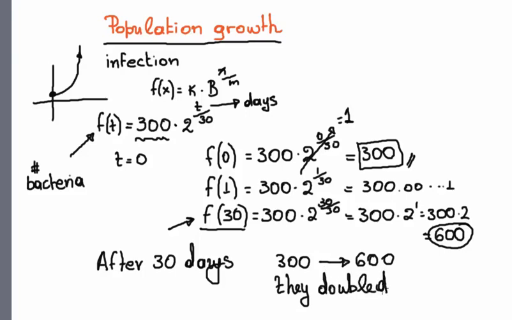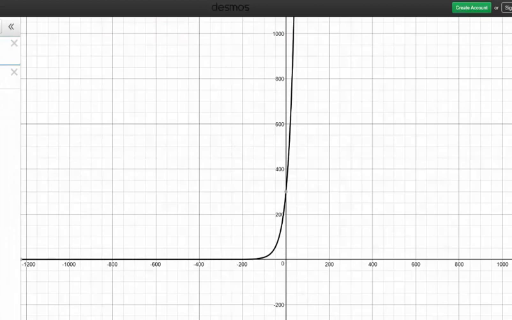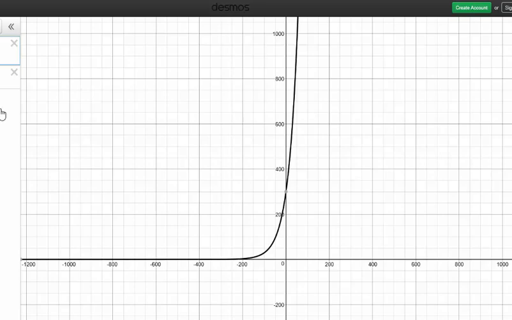Now, let's see this on a graph so we can visualize what's happening. We can see right here the graph of the population of bacteria based on time. The x right here is the time, and the function that we use is the same, 300 times 2 to the x over 30.